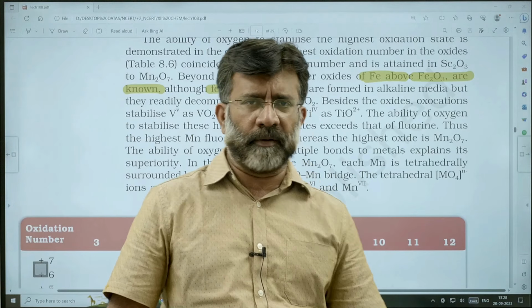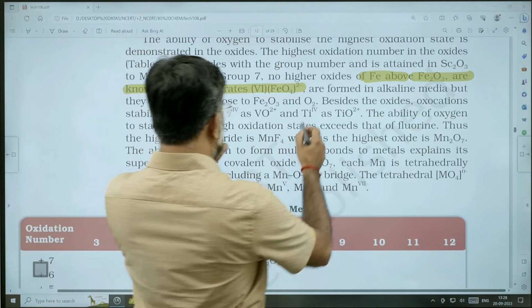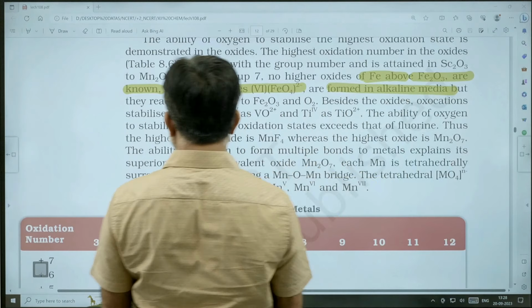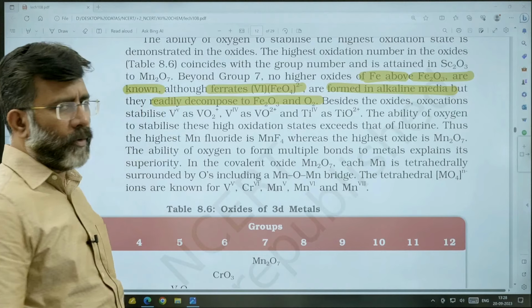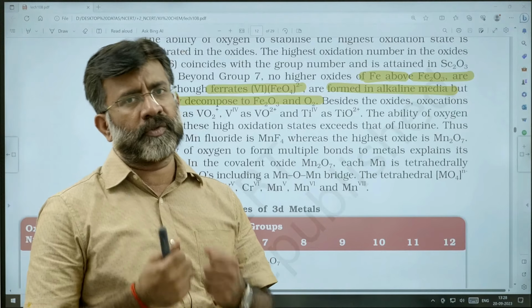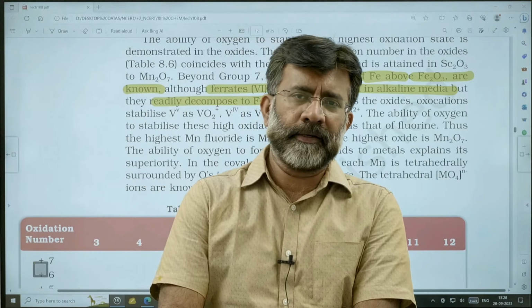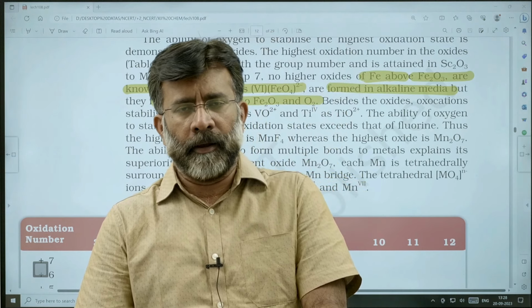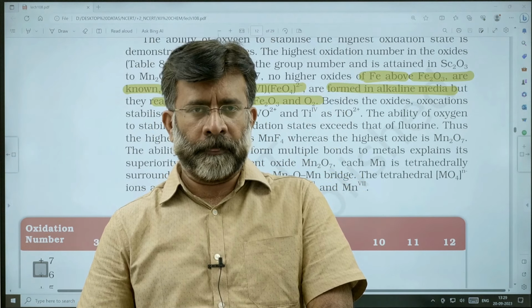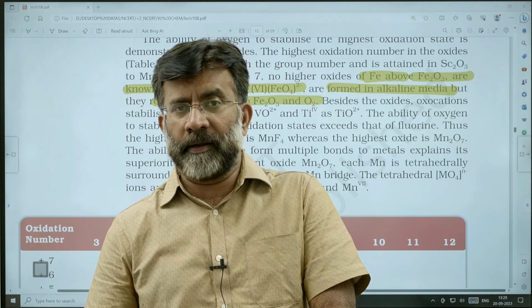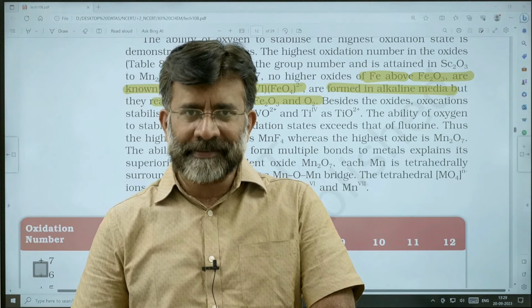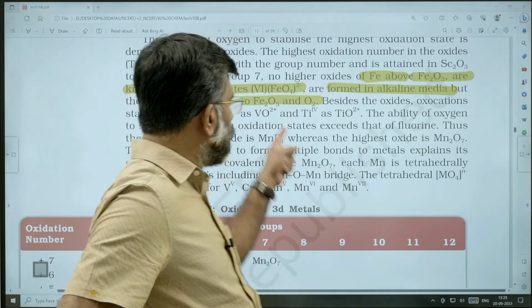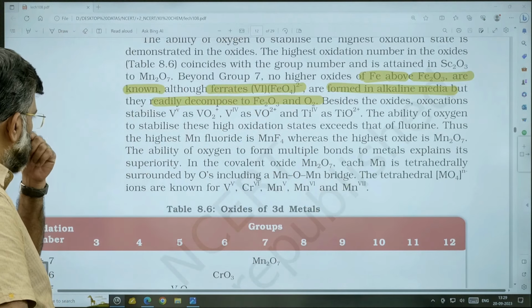Immediately it will decompose. It is formed in alkaline media, but readily decomposes to Fe2O3 and O2. There were questions connected to ferrate and its oxidation state. It is referred to in the text. Usually what comes to our mind is iron +2 and +3 only, but iron has a +6 state observed in ferrate. Make a note of that.